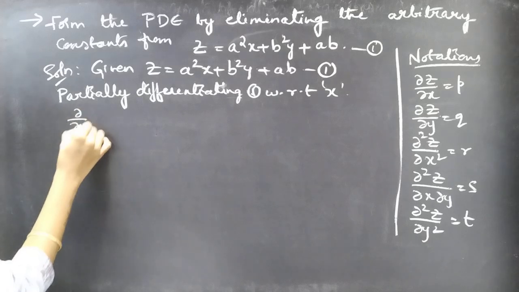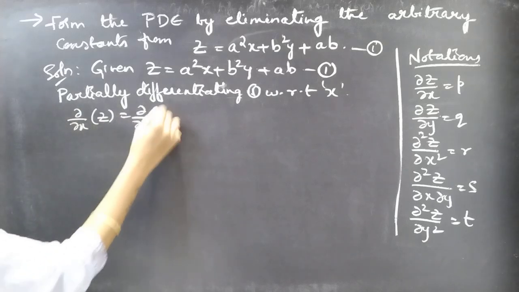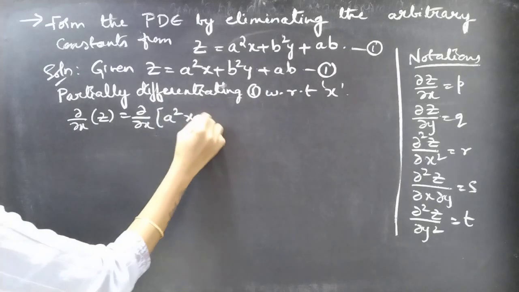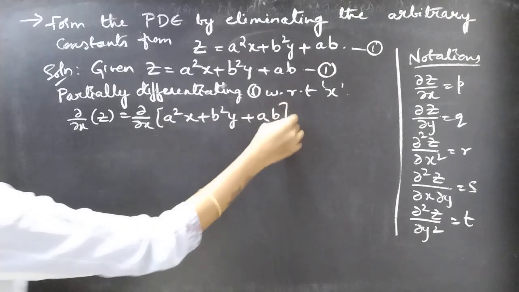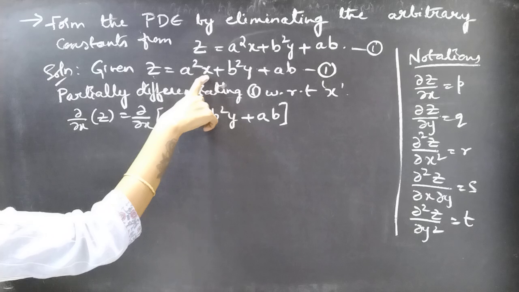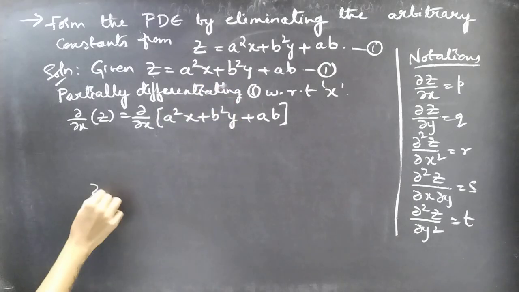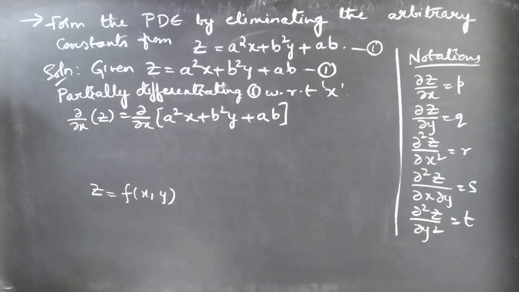So just apply dou by dou x on both sides of 1. Since we are partially differentiating with respect to x, so we'll treat y as constant, and here z is a dependent variable and x and y are independent variables, or we can say z is a function of x and y, where x and y are independent variables and z is a dependent variable.